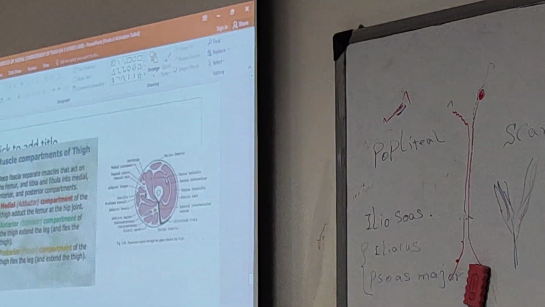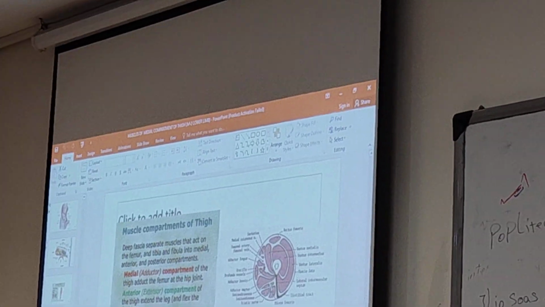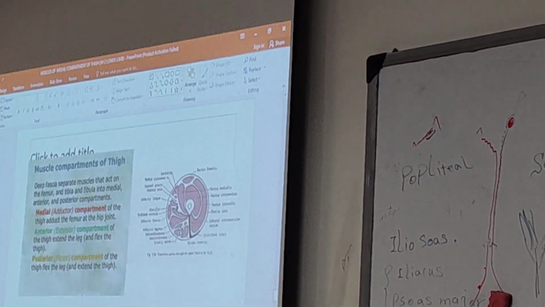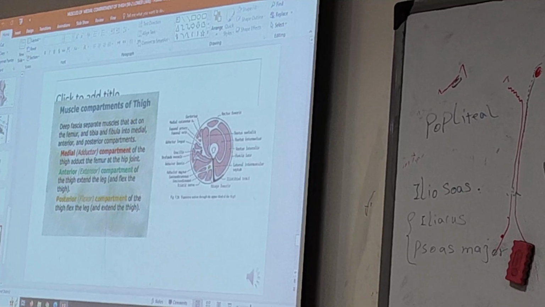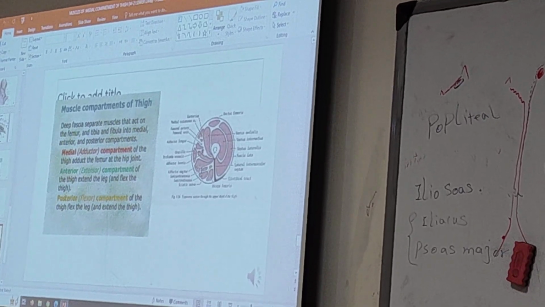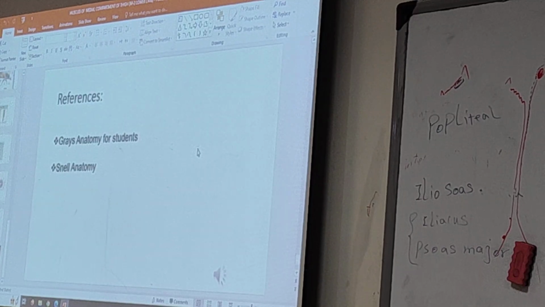You are able to look at the sartorius. And in the posterior compartment, later I am going to explain for you. Which nerve is here? And the medial compartment, some of the muscle, and the nerve that is responsible here to innervate is obturator nerve.